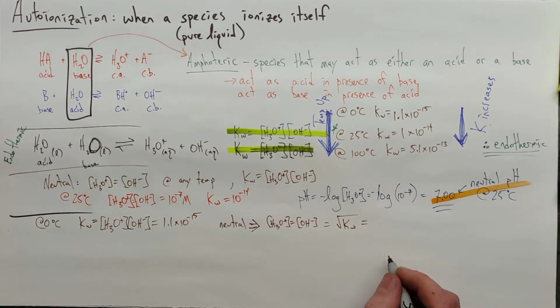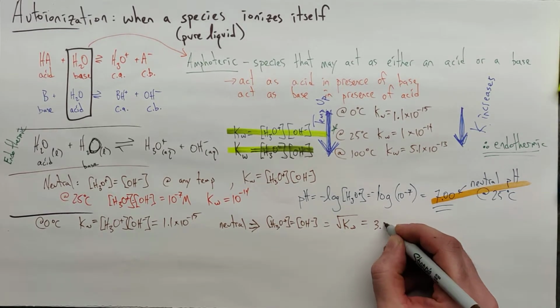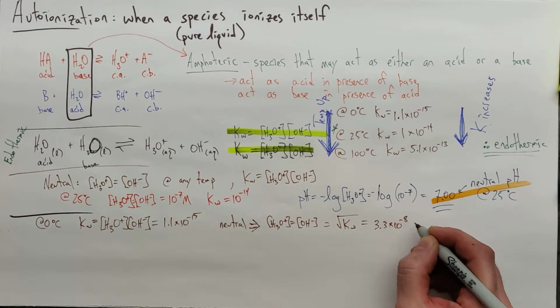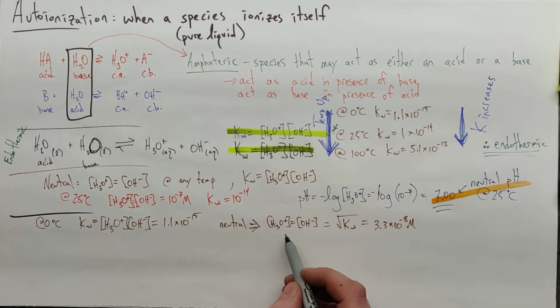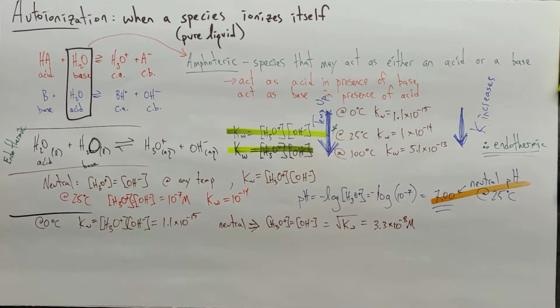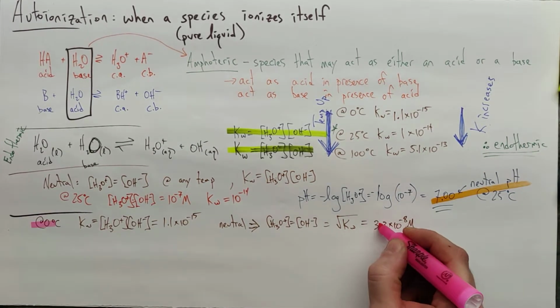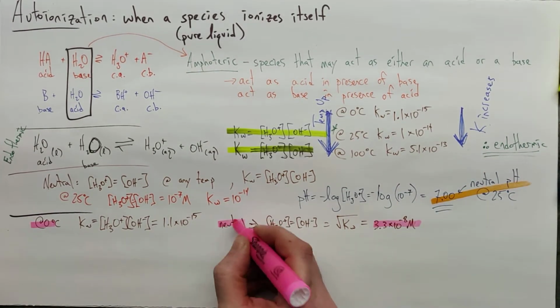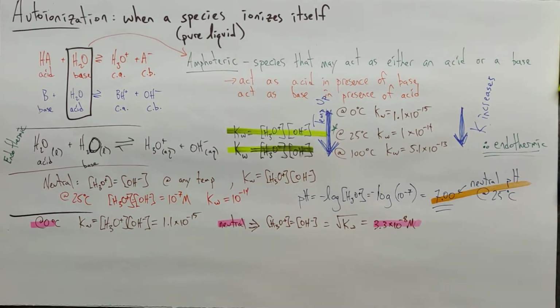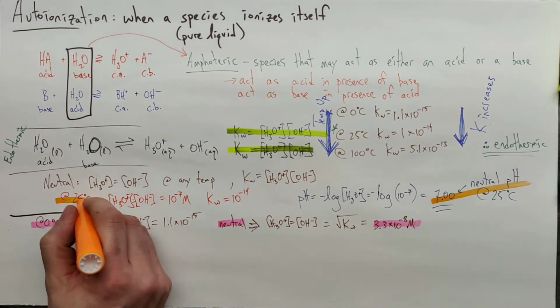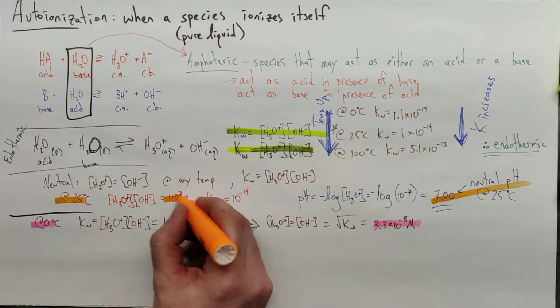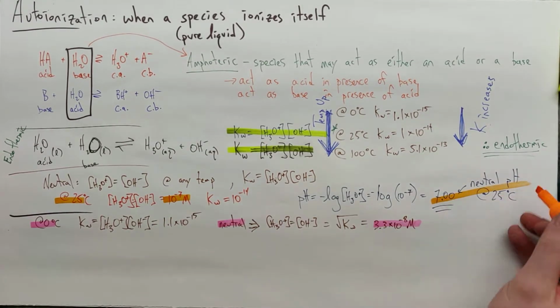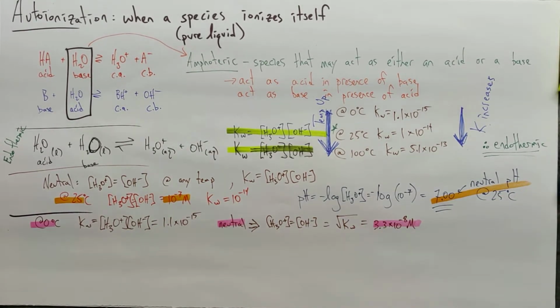And when we do that, we get 3.3 times 10 to the minus 8th molar. So at 0 degrees Celsius, 3.3 times 10 to the minus 8th molar is neutral. At 25 degrees Celsius, 10 to the minus 7th is neutral, and that gives us a pH of 7 for neutral.